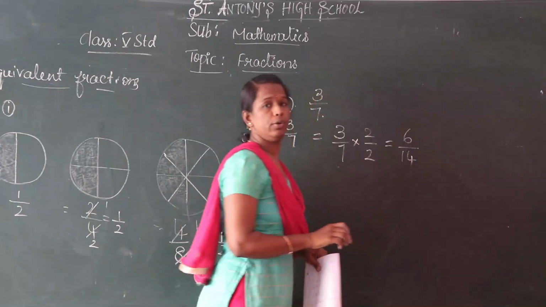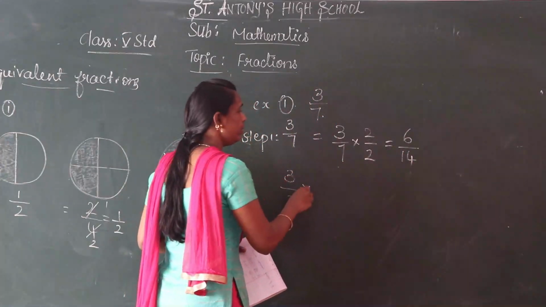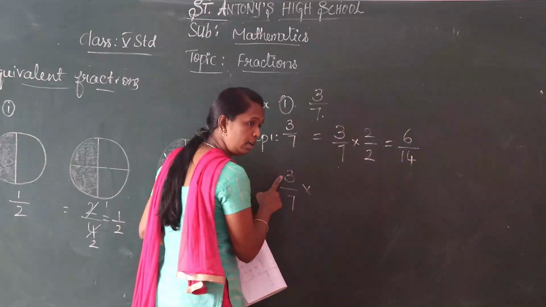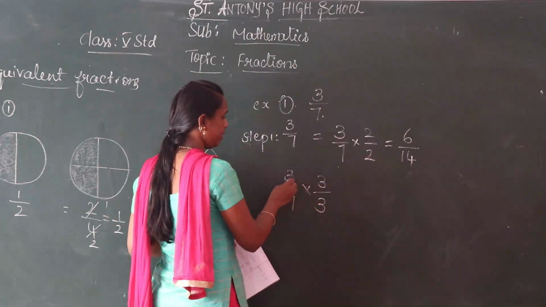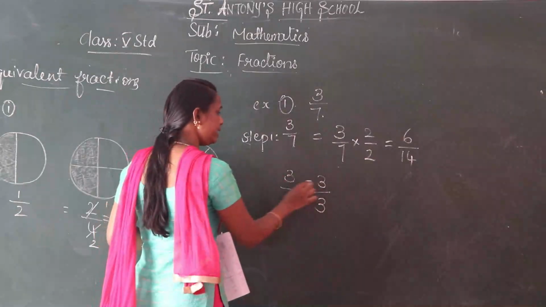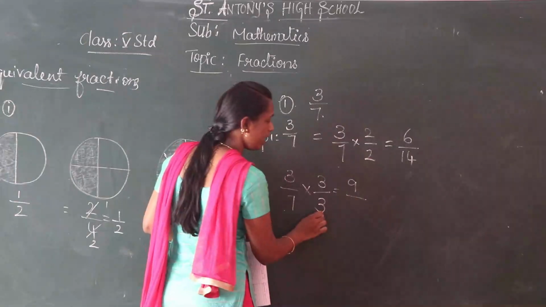Next multiply by 3 for both the numerator and denominator, 3 by 3. 3 3s are how much children?